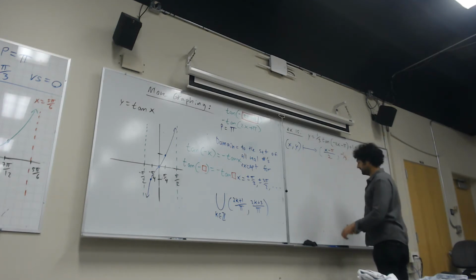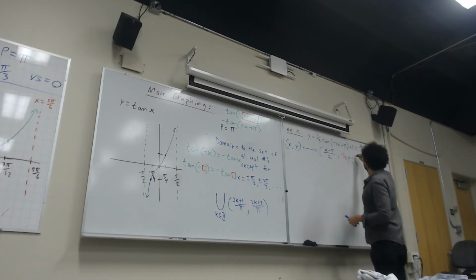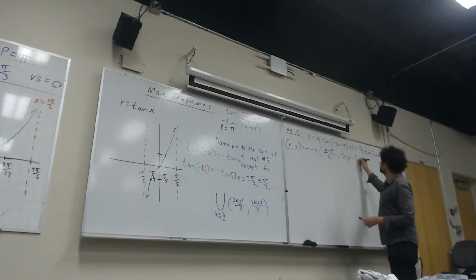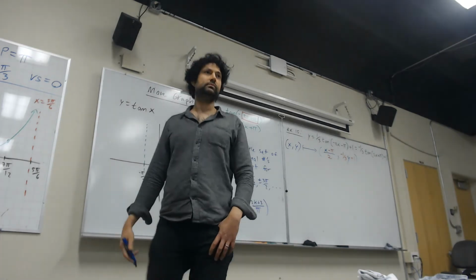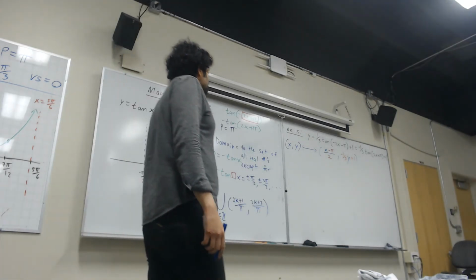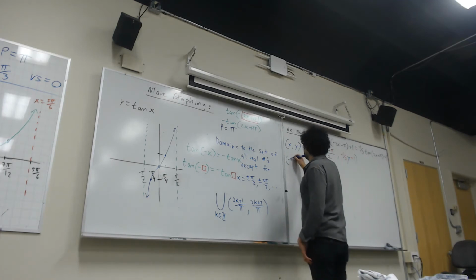So negative 1/3 y plus 1. Nasty problem. Okay, so let's take the 3 points. Let's start with negative pi over 4, negative 1.